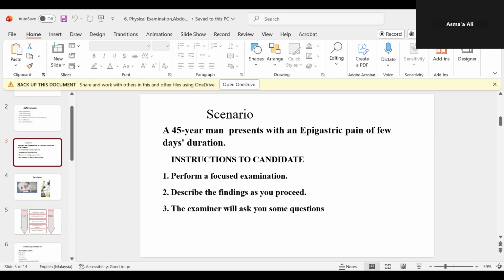Dr. Shireen, yes. If the scenario is appendicitis or diverticulitis or even cholecystitis, we start the palpation at the site, let's say appendicitis.